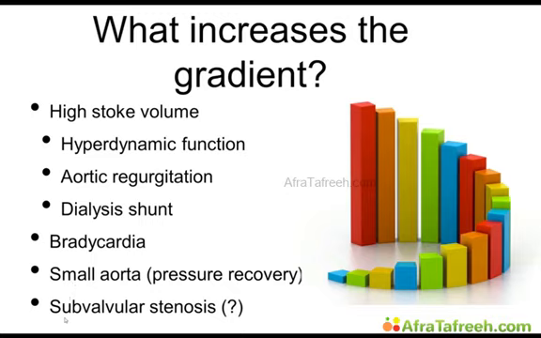And then finally, if we have a subvalvular stenosis, most likely the gradients across the aortic valve are also, let's say, higher than they should be. The reason is very simple. If you have a subvalvular stenosis, for example an outflow tract obstruction, then there's a net drop in the pressure after the stenosis.